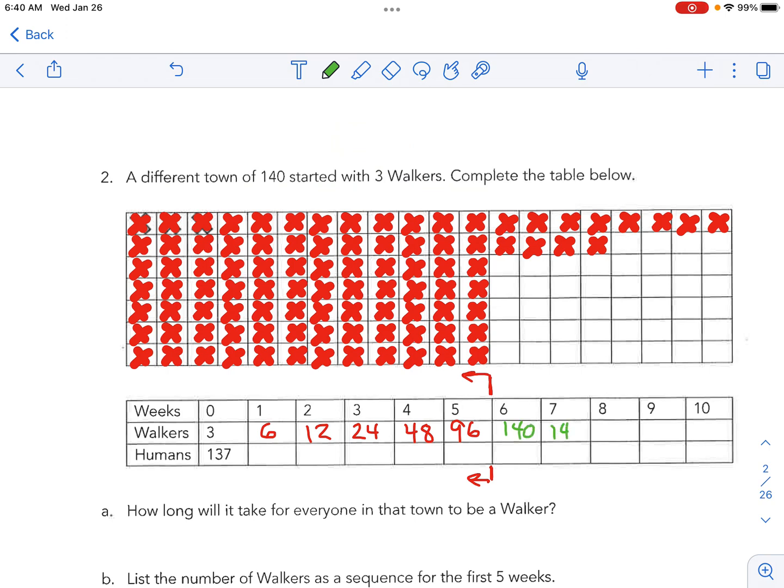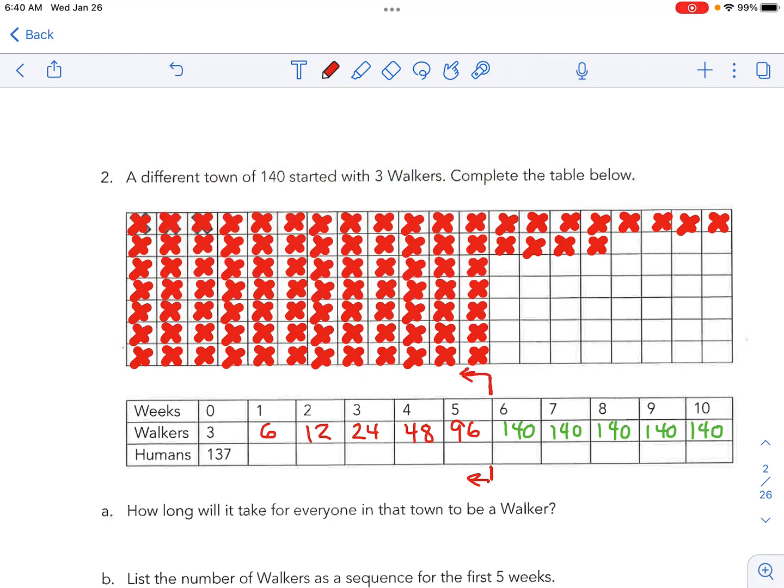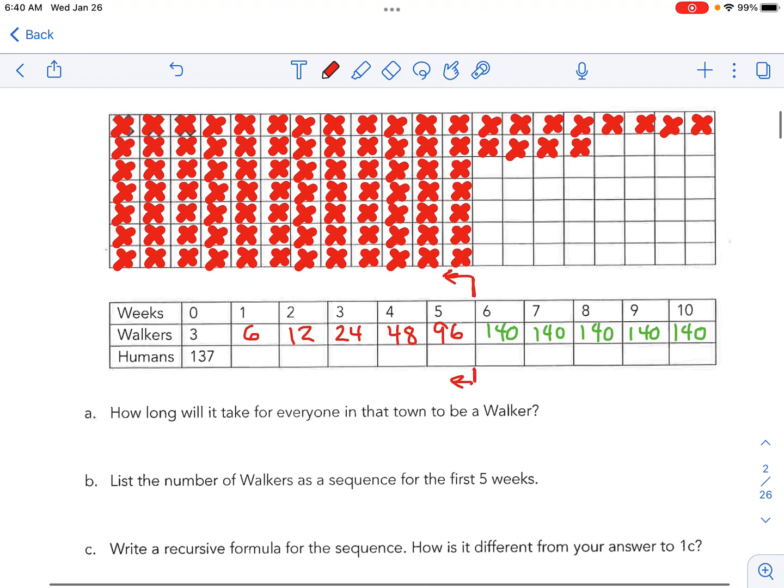So those 96 zombies, some of them are going to bite enough people to then bite everybody in the population. So at week 6, that's when the entire population becomes zombies again. And so now we're talking about 5 to 6 weeks.